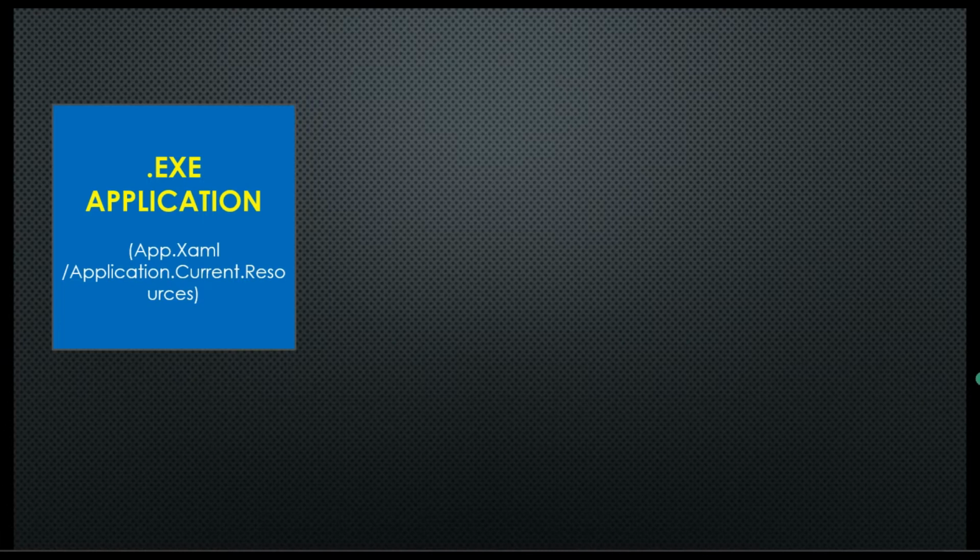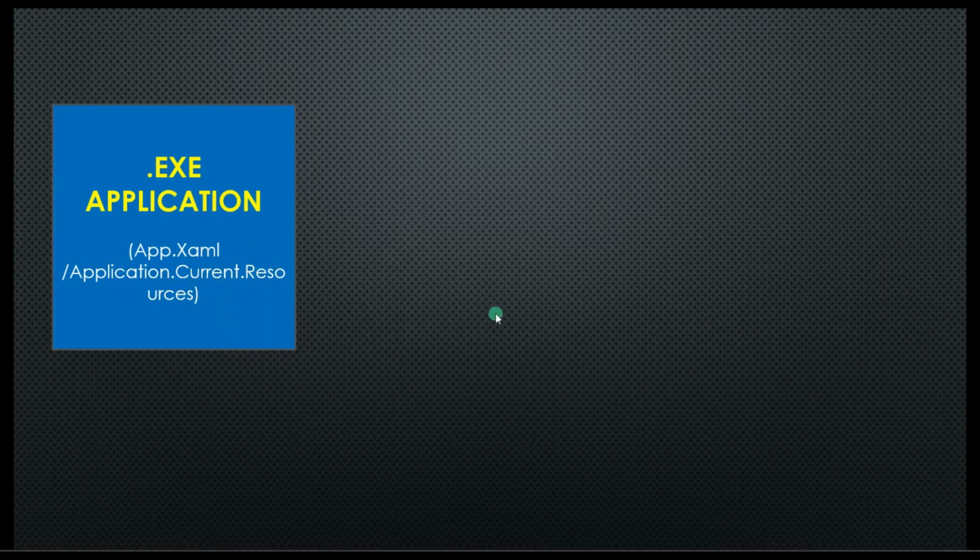So you can be sure that app.xaml is present only in the application where you have .exe. App.xaml is nothing but your global resources. You put something there, and all the controls and windows in that project will obtain the values from those dictionaries. That's what Application.Current is all about.